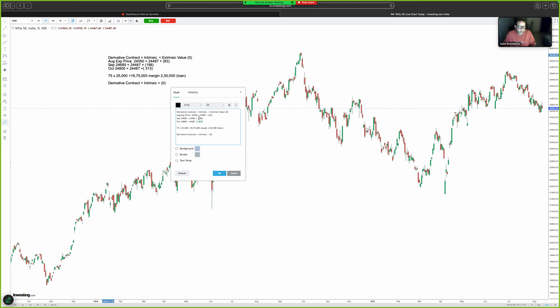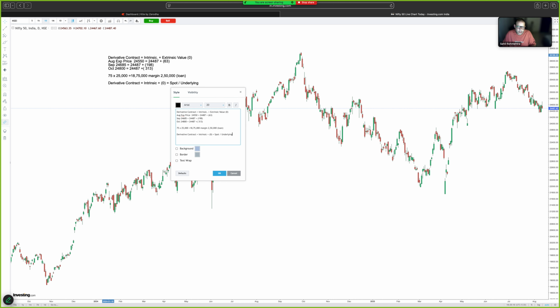Since on the day of expiry for that instrument there is no time, this extrinsic value becomes 0. In other words, the derivative contract equals the intrinsic value, which is nothing but the spot value, the value of the underlying, right?